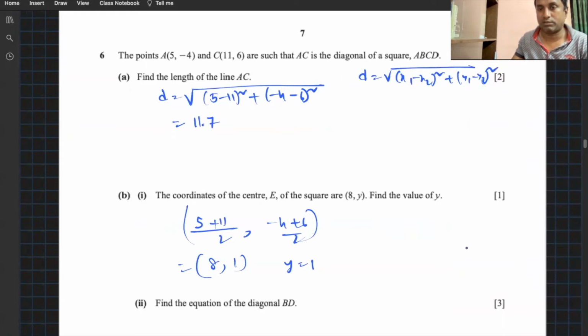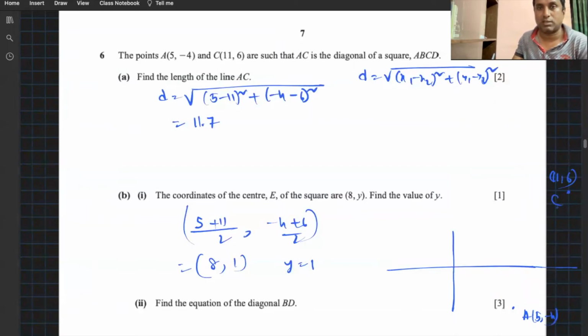This is (5, minus 4), this is A, and then (11, 6). It's (11, 6) here. This is C. AC is the diagonal.